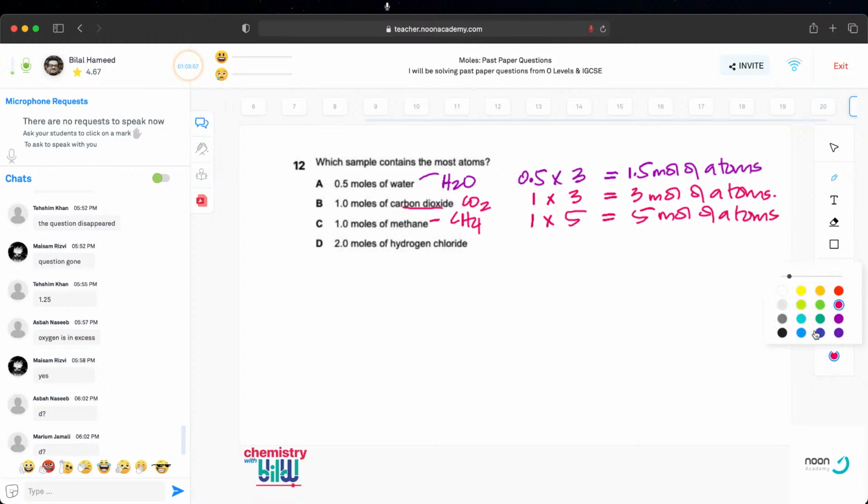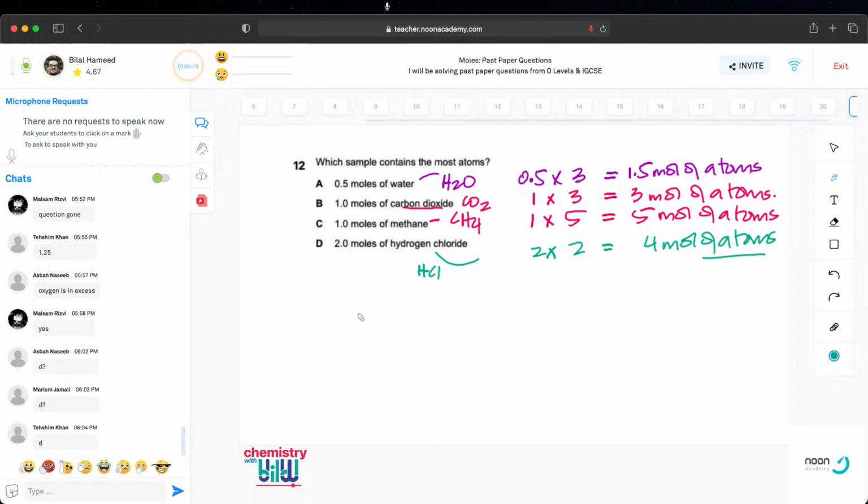And the last one is HCl. So you got 2 moles of 2. That's 4 moles of atoms. So guys, tell me which has the most atoms. You guys saw the moles of the molecule, not the moles of the atoms.